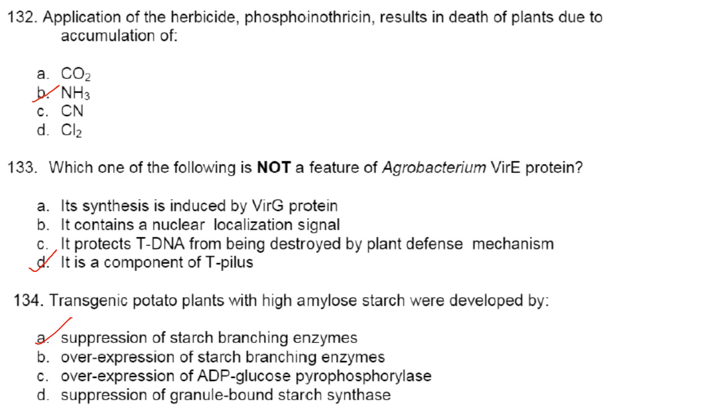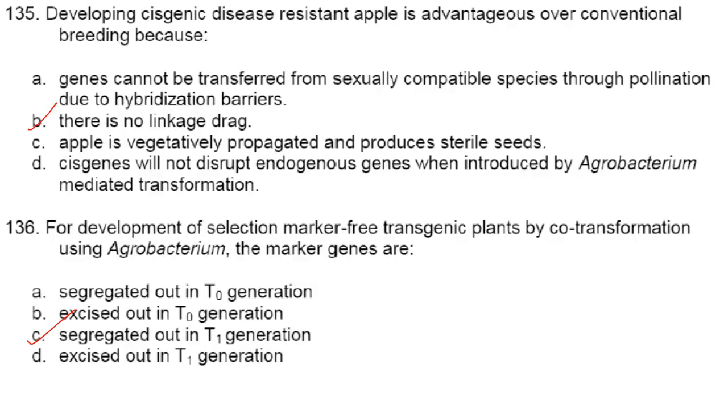D. The next one. Transgenic potato plants with high amylostarch were developed by suppression of starch branching enzyme. Answer is option A. So next question.